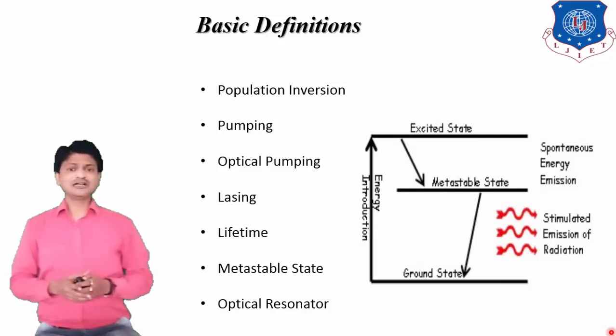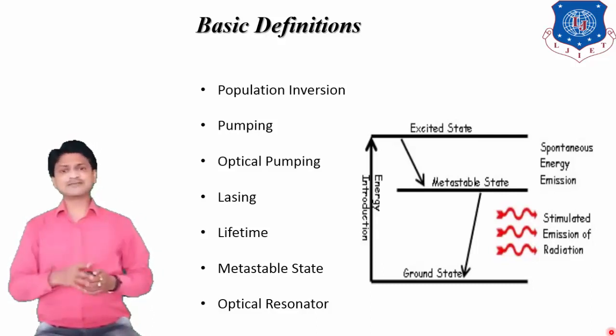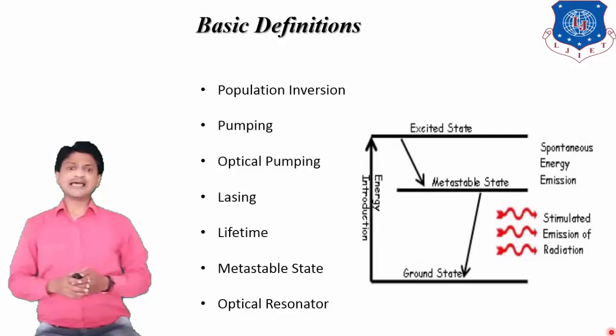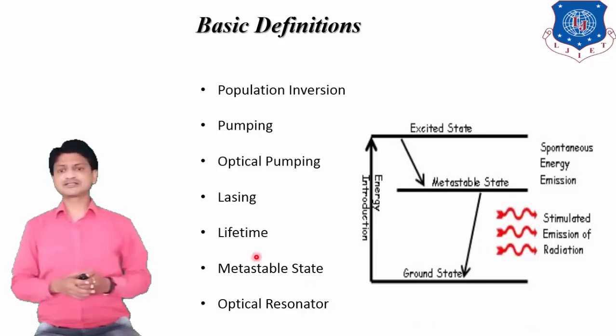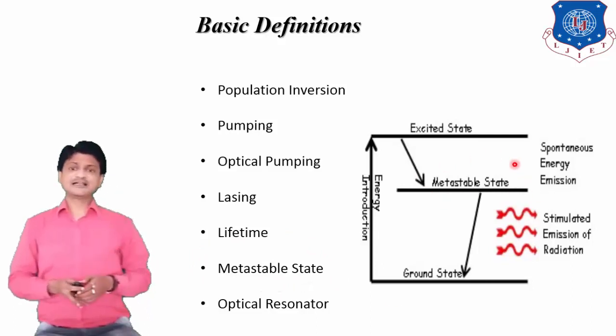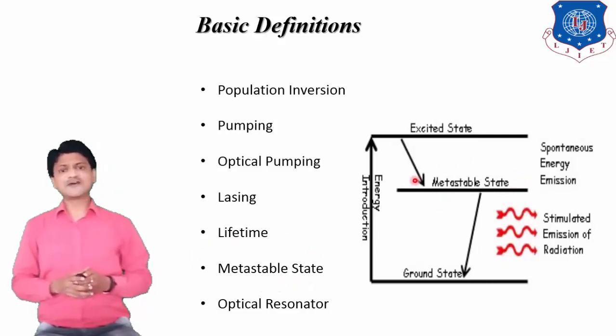It is about a nanosecond. Now, the metastable state. The energy levels where the lifetime of an atom is very large are known as metastable states. So we can say that in a metastable state, the lifetime of the atom is very large.